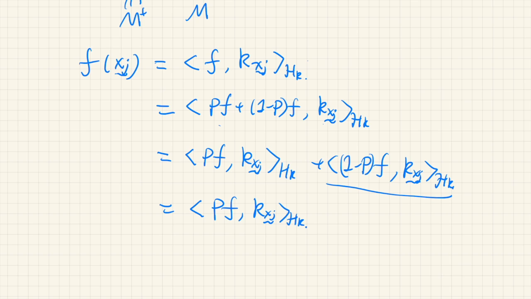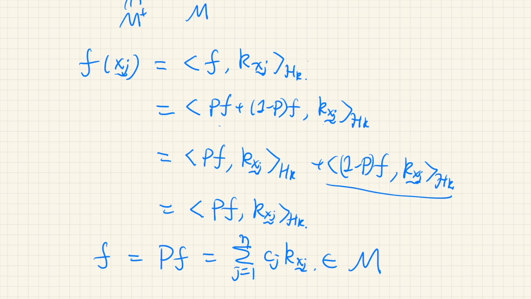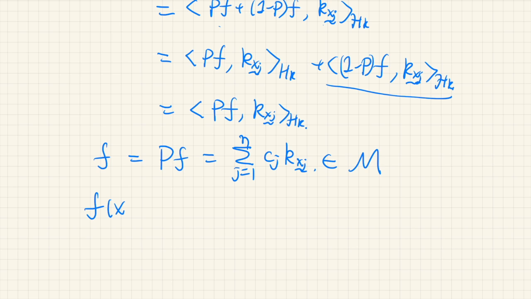So as long as we are dealing with the given data points, we may assume that the function f is equal to its projection onto the subspace M. So f is equal to Pf, which is equal to some linear combination of the reproducing kernels k_{x_j}, which of course belongs to the subspace M. And from this expression, we can see that f of x_i, i being yet another data point, is equal to the sum over j of c_j k_{x_j} of x_i.